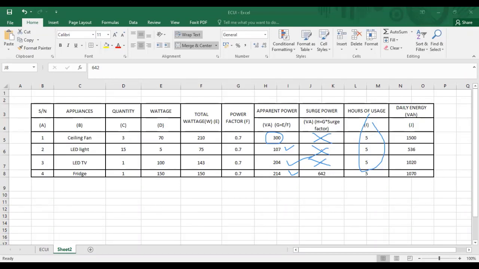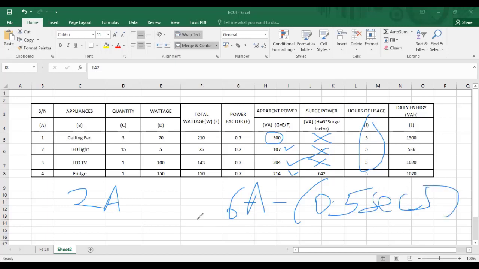So the normal current the pumping machine is using may be 2 amps. But when you start it at first, it can take, let's say, 6 amps. And this 6 amps can be so short, like 0.5 seconds.